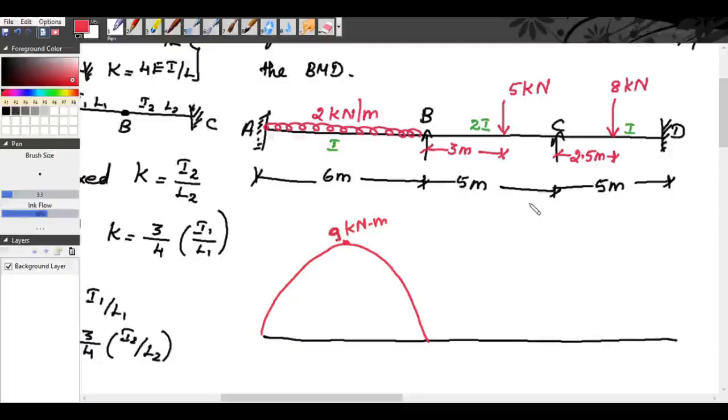So for BC, the maximum will occur at the application of the concentrated load, and we found the moment is 6 kilonewton meter, right? So here 6 will be somewhere here. At the span CD, the moment is 10 kilonewton meter. It will act at the center of the span.